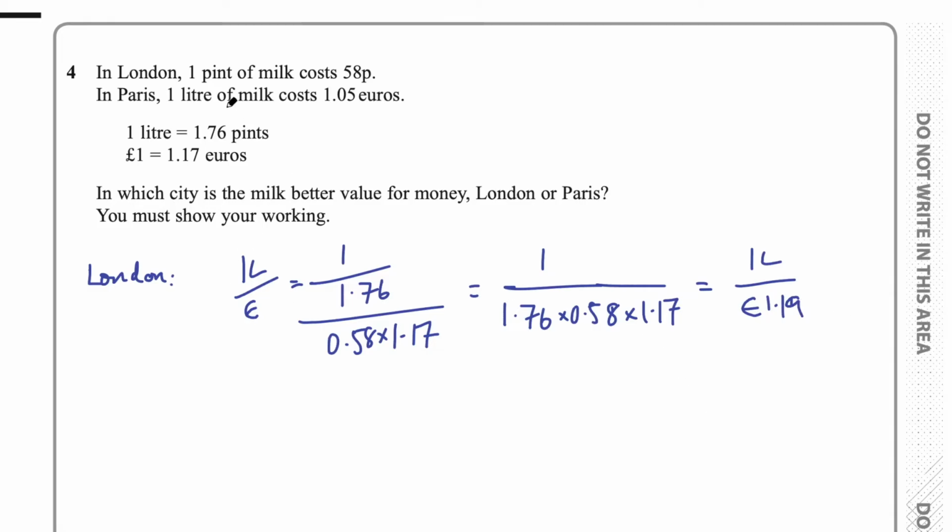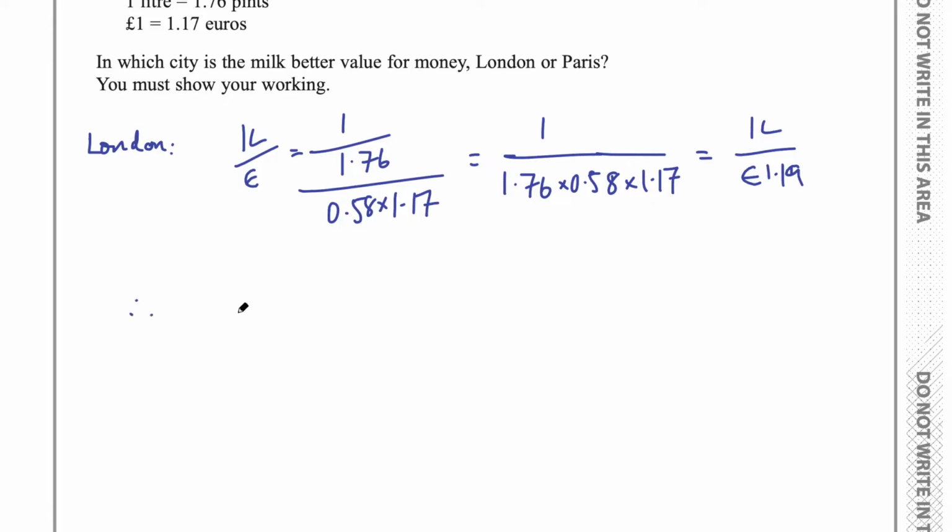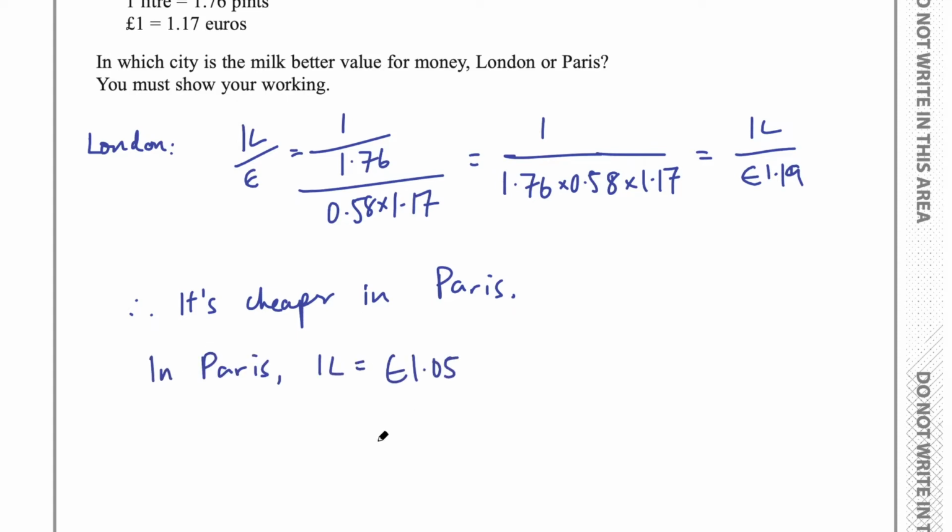And you can see the cost in Paris is 1 litre costs 1.05 euros, so it's actually cheaper in Paris. So therefore, it's cheaper in Paris. I should probably summarize this information. So in Paris, 1 litre equals 1.05 euros, and in London, 1 litre equals 1.19 euros.